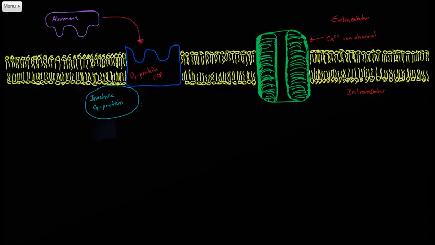Once it binds to the receptor, the intracellular G protein becomes activated. Now, once the G protein is activated, it is able to activate an enzyme called phospholipase C, also known as PLC.